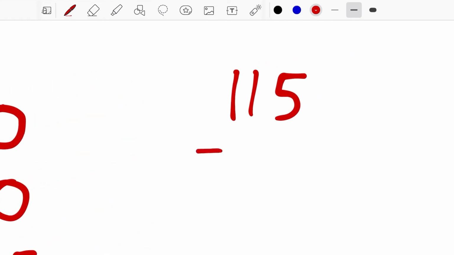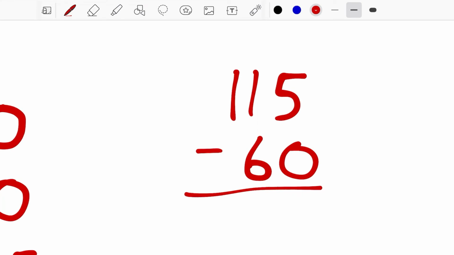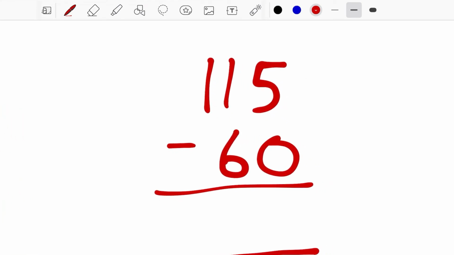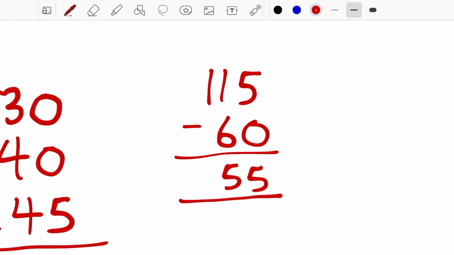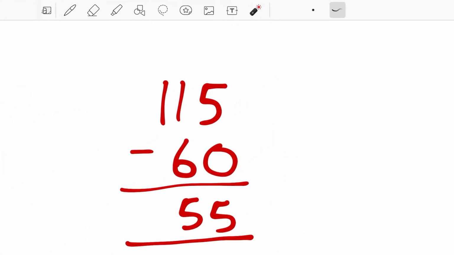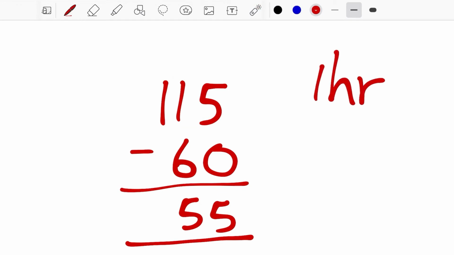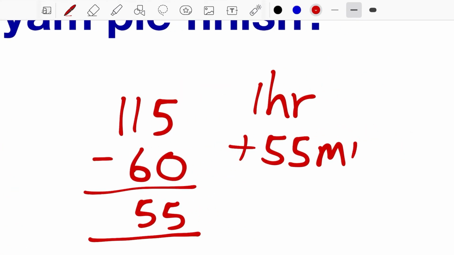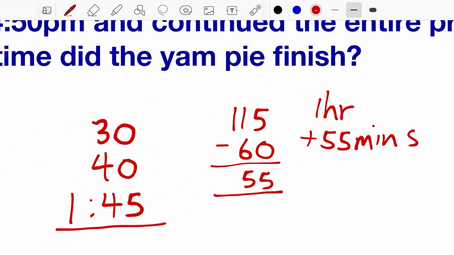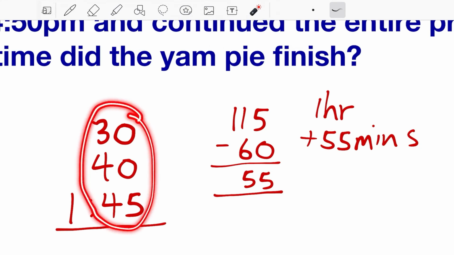So if we subtract 60 minutes, we are taking away 1 hour. We will get 55 minutes. So we converted the 115 minutes to 1 hour and 55 minutes. So we took this part here and we converted it to this.